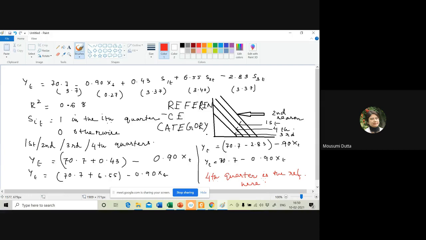So what I am telling is that in dummy variable analysis, always the analysis will center around the reference category. With respect to the reference category, we need to mark the changes with respect to intercept, with respect to slopes, etc. In Stata, the category having the lowest denomination will be considered as the reference category.